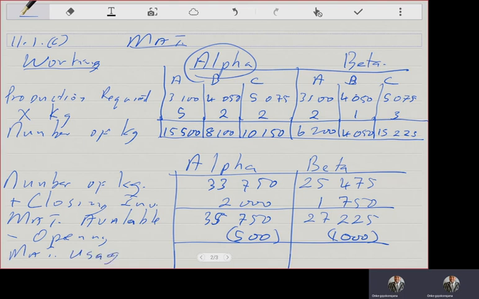Well, this is what we are going to use in our production, which is going to be 35,250 on this side and 26,225. So that's going to be your material usage that we have.